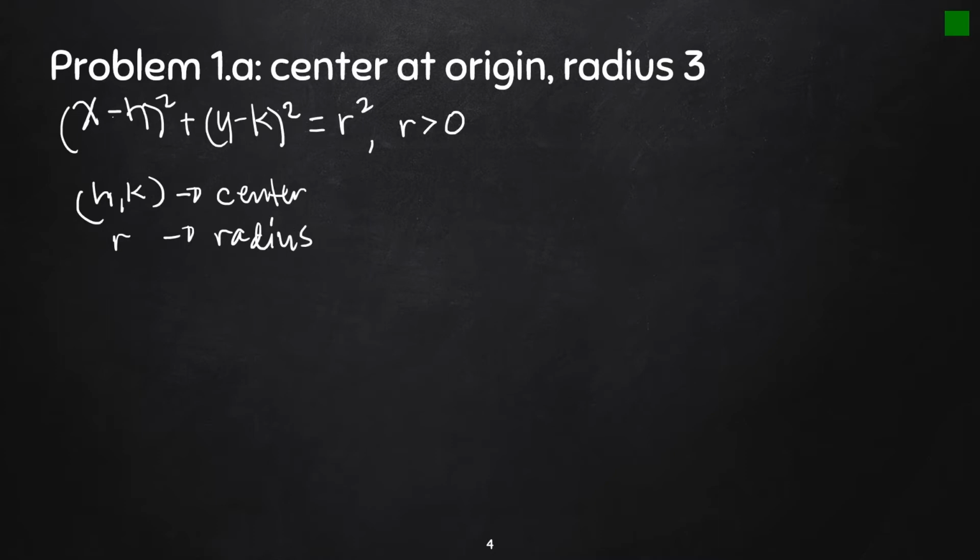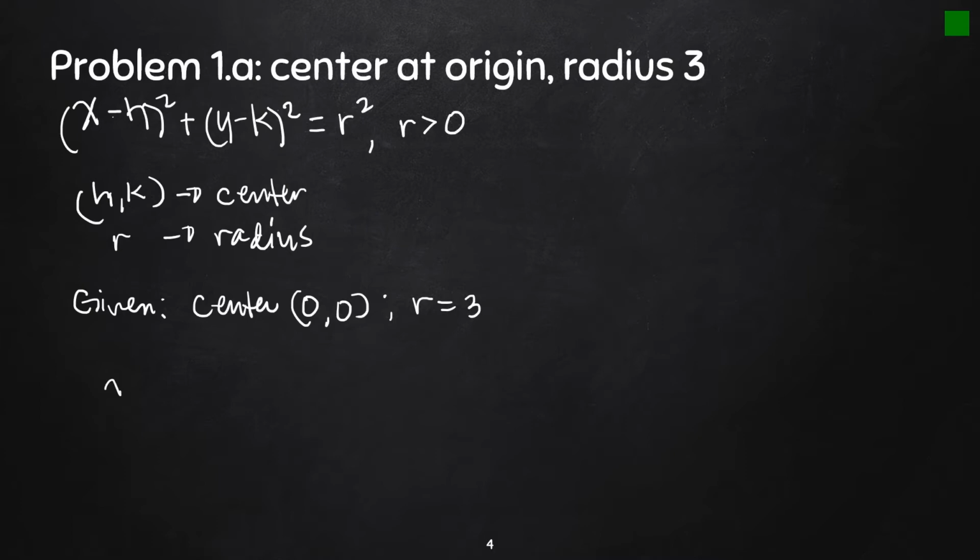So going back to the given in 1.a, the center is at the origin. It means that it is (0, 0), and that our radius is equal to 3. To find the equation of the circle in standard form, we just need to substitute these values to our equation.